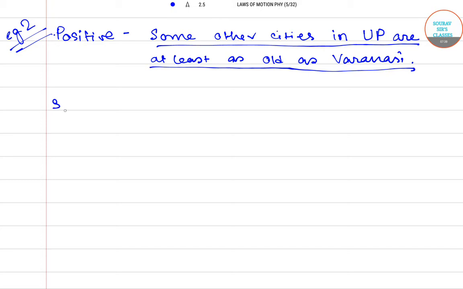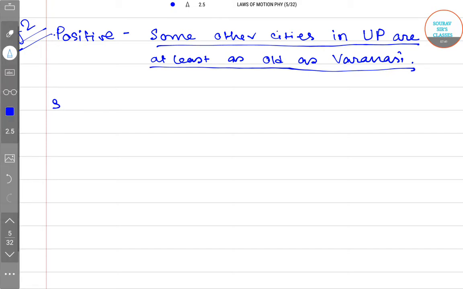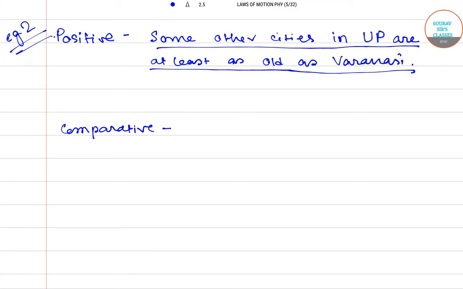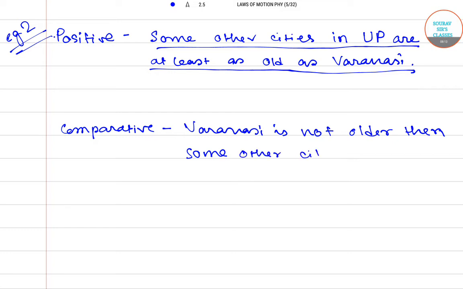So if this is our sentence, some other cities in UP are at least as old as Varanasi, and we want to make it comparative, then Varanasi is not older than some other cities in UP.